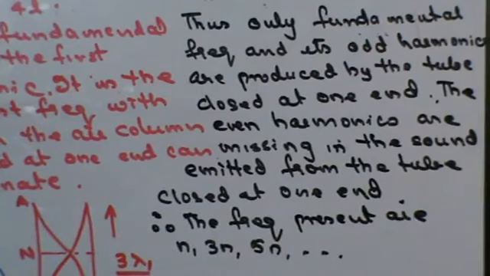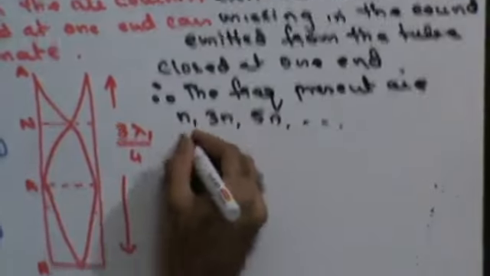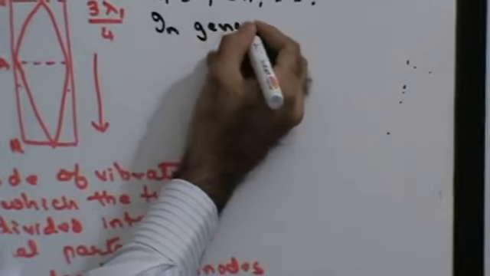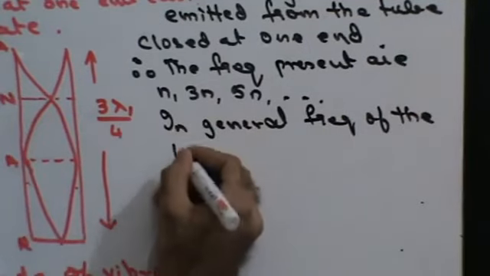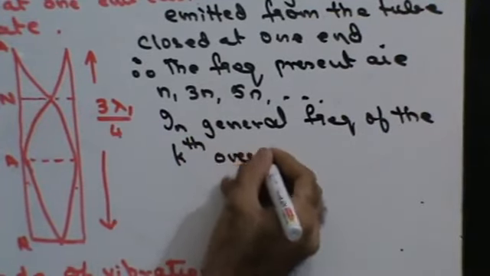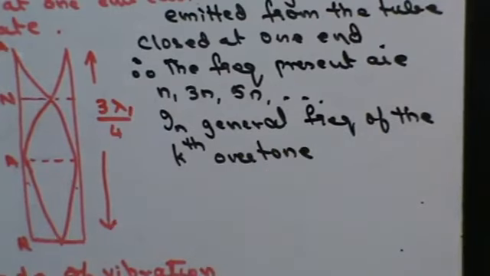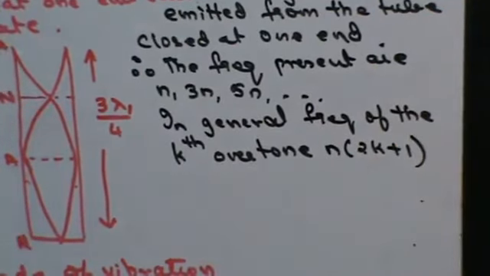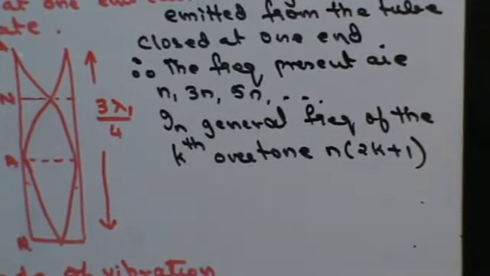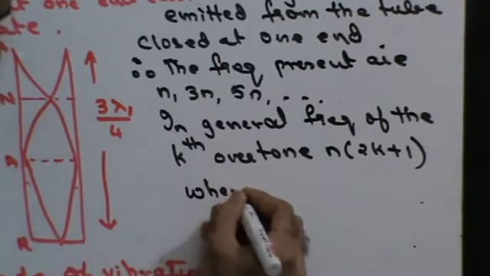Now in general, the formula for a closed tube, the frequency of the kth overtone, is given by n times 2k plus 1, where k could be any number from 1 to infinity.